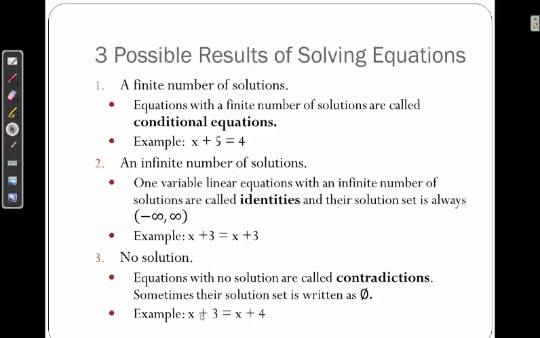And if you subtracted the x from both sides, you'd end up with something that's obviously not true. 3 equals 4. 3 never equals 4, so it's impossible for that equation to have a solution. So the result of solving that equation is the conclusion that there is no solution. Sometimes you just say no solution. Sometimes it asks what's the solution set, and for that you'd say the empty set. It's been a while since we've seen this symbol, but that's what it stands for.